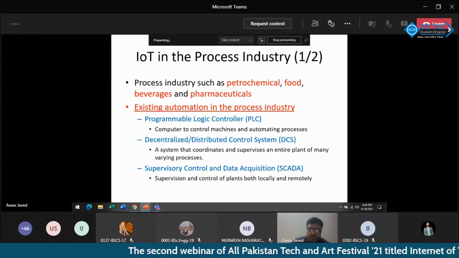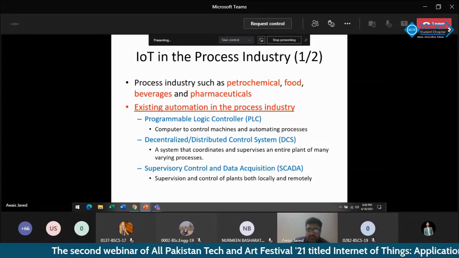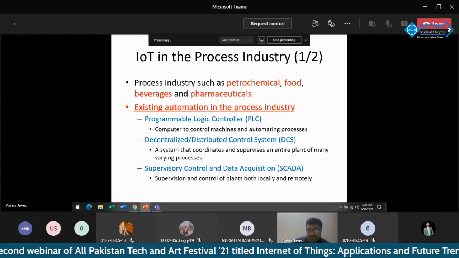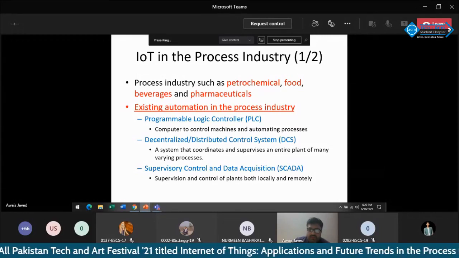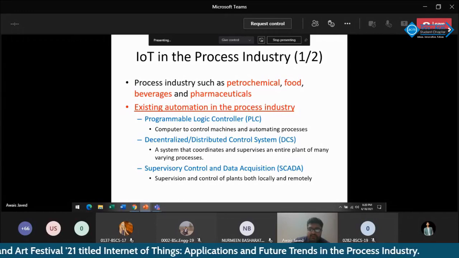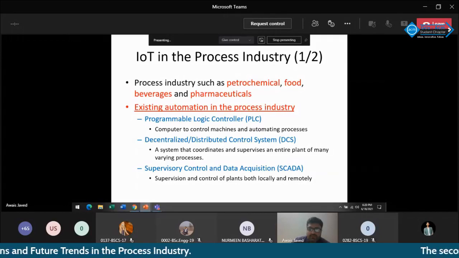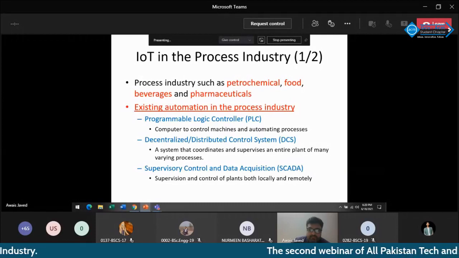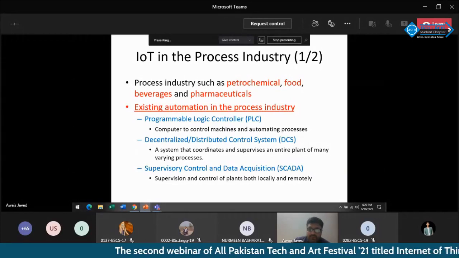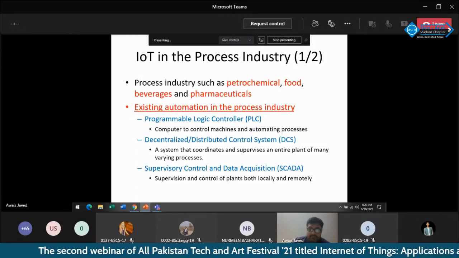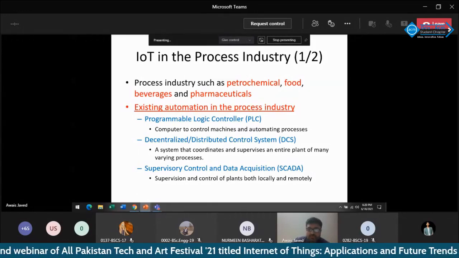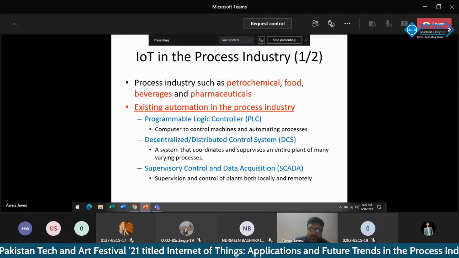So, what sort of automation do we have in the process industry? We have some level of automation already existent. This includes, for example, programmable logic controllers, PLCs. The major work of a PLC is to control the machines and automate the processes.